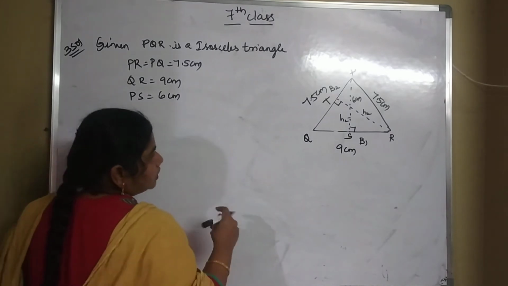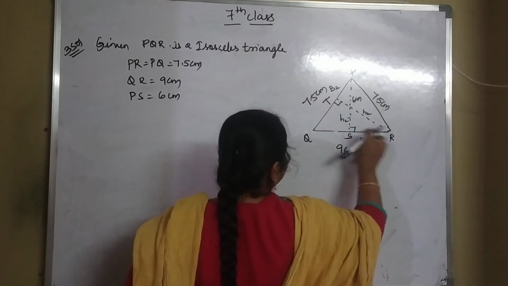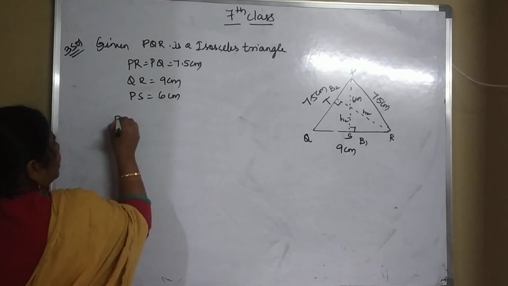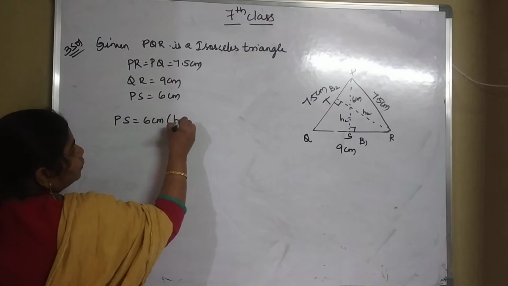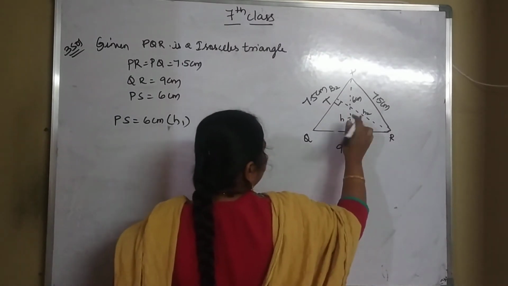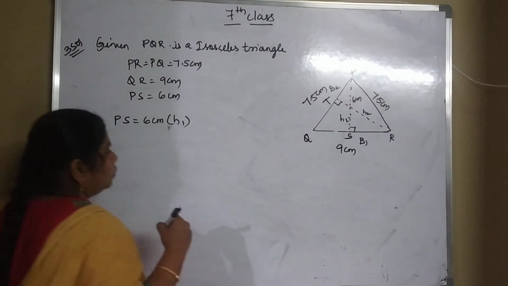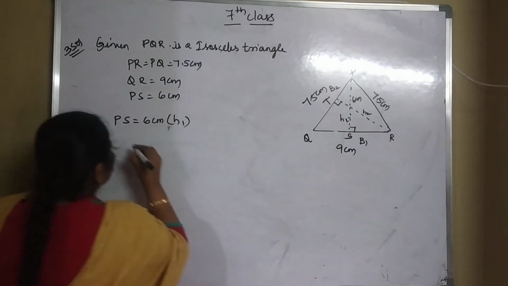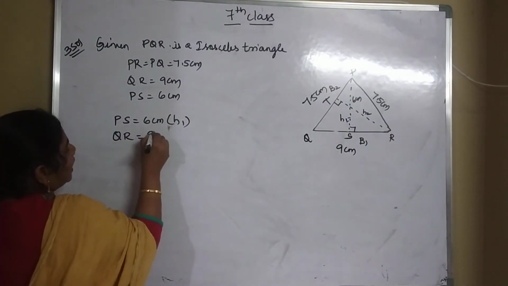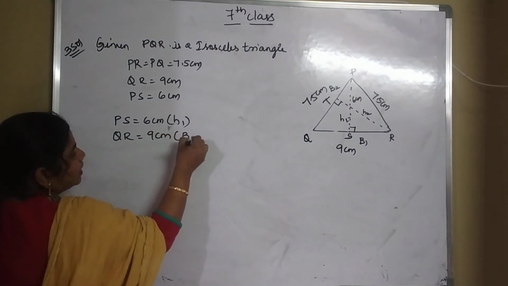So which two sides are we taking? This height and base we are taking, that is PS, that is 6 centimeters, that will be the H1 value, and what is the base for this PS? That is QR. So QR is equal to 9 centimeters, that one I am taking as base 1.